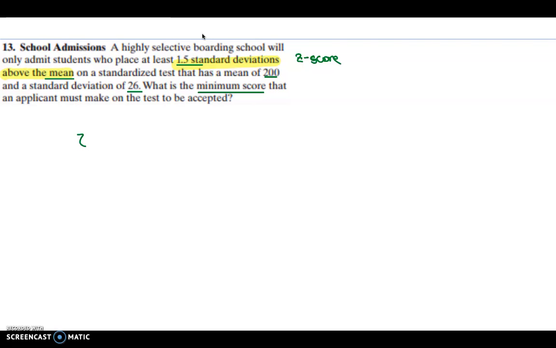So remember, z equals, if we're looking at our population, x minus the mean over the standard deviation. Well, we know the z-score we want is 1.5. We don't know the test score, so that's what we're trying to find, but we know the mean and we know the standard deviation. So now we have a basic algebraic equation to solve for x that will tell us the minimum score that is needed.